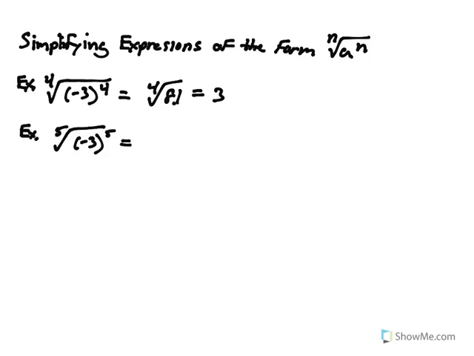Now, if you take negative 3 to the 5th power, that's going to give you negative 243. And then if you take the 5th root of negative 243, you should get minus 3.